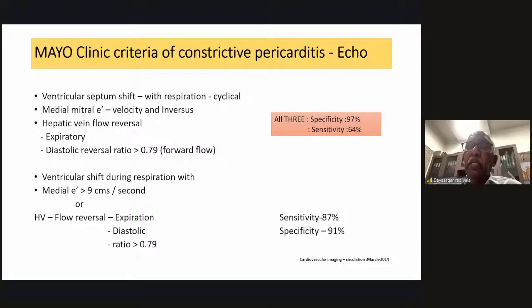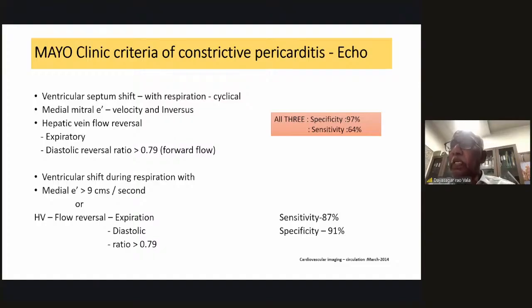Then the mitral E prime velocity more than 10 centimeters per second, and not only annulus paradoxus but annulus inversus; both are present. That is the second criterion. The third criterion they used was hepatic venous flow reversal during expiration, and the velocity of the reversal should be at least more than 80% of the forward velocity.